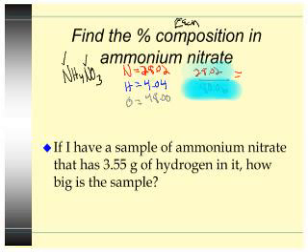So make sure you have that included in it. So 28.02 divided by my answer gives me 35.0%. And really I should have 4 sig figs because I've got 4 sig figs for this, so it should be 35.00% nitrogen.